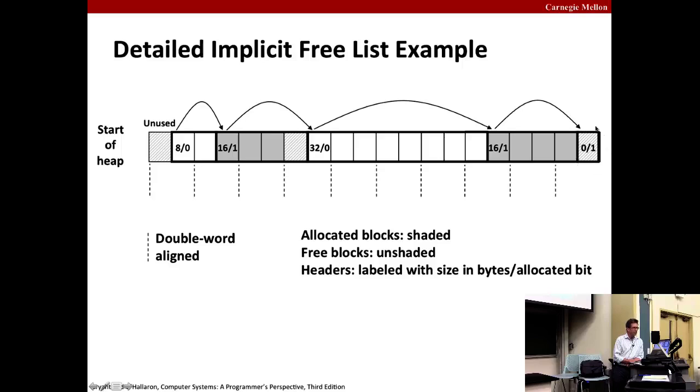This allocated block at the very end eliminates some special cases when we start to coalesce free blocks. And we'll talk about that in just a moment. This allocated block of size 0 is also helpful in terminating. When you're walking this list, you can check for an allocated block of size 0 to terminate your search.